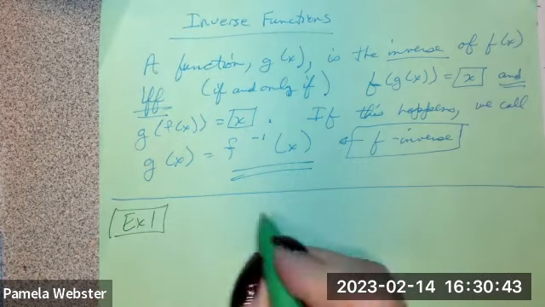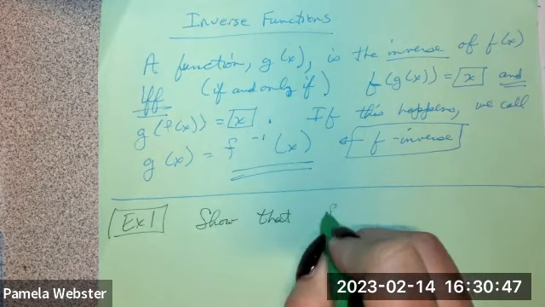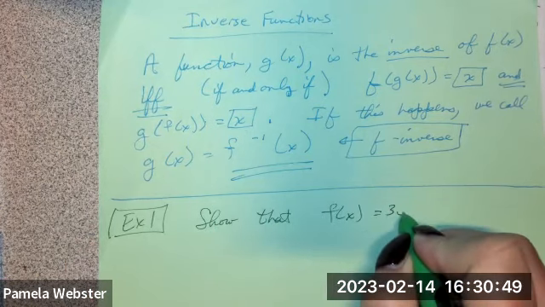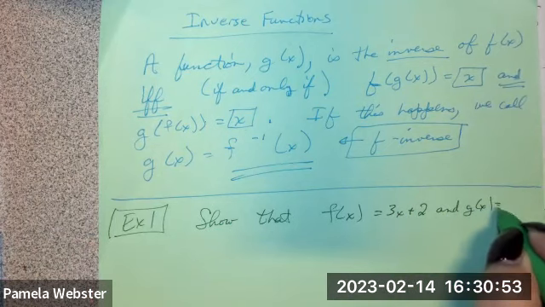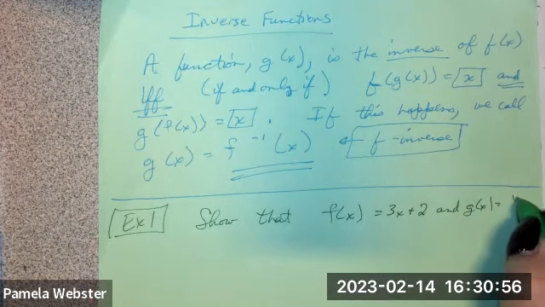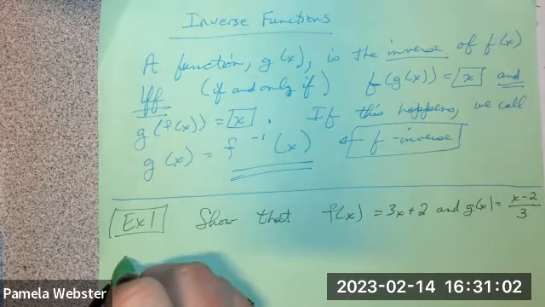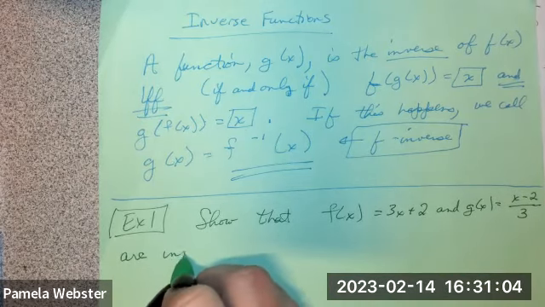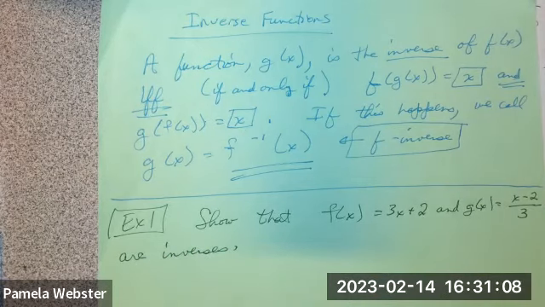Example 1. It will say something like, show that f of x equals 3x plus 2 and g of x equals x minus 2 over 3. Okay, so that guy's a little rational function, are inverses. Okay, show that these two functions are inverses.